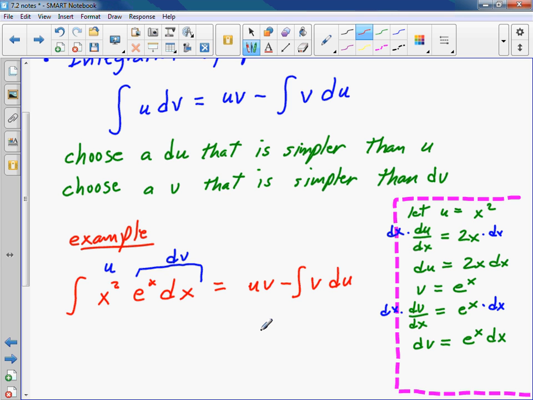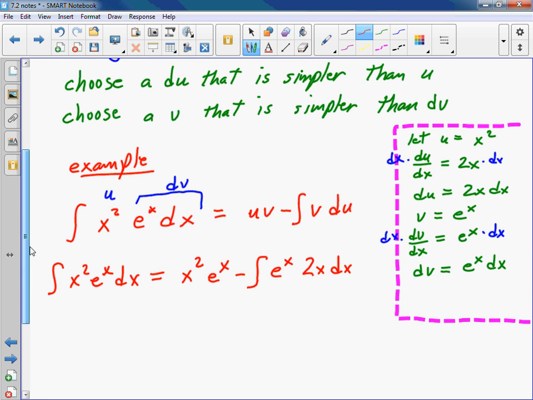So now we have the antiderivative of x squared e to the x dx equals, my u was x squared, my v was e to the x minus the antiderivative of v, e to the x, du, 2x dx. Okay, so far so good.